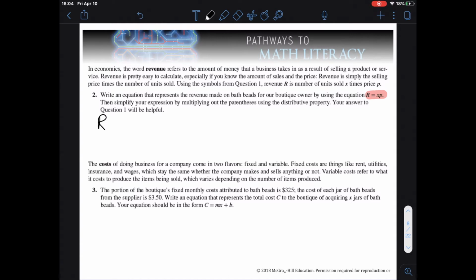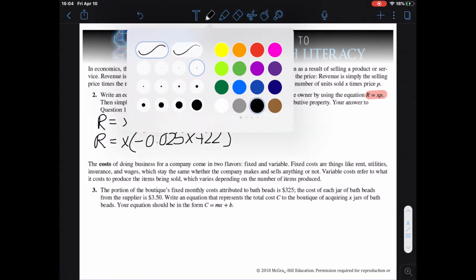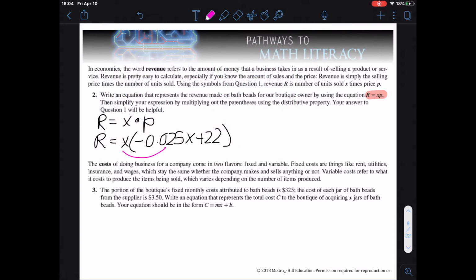But we just found an equation for the price. It's negative 0.025x plus 22. So we can use our distributive property, distribute that x out, and that gives us negative 0.025. x times x is x squared, and then x times 22 is 22x. So this is the equation for our revenue.